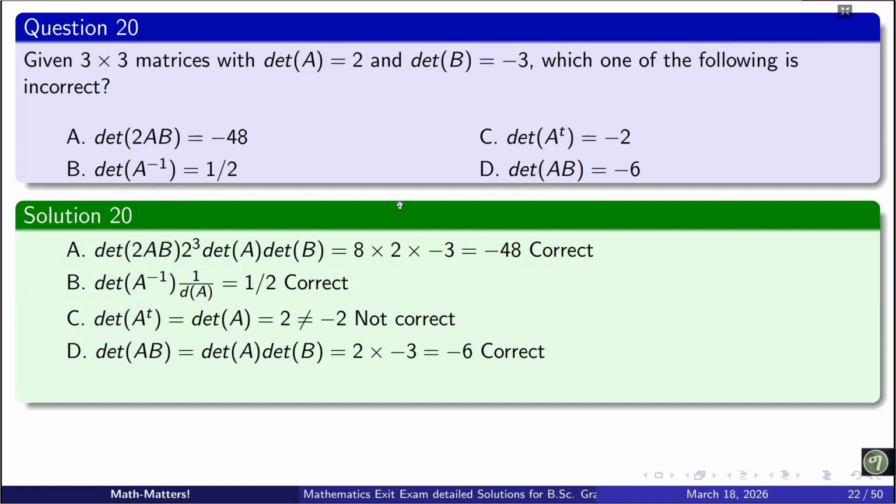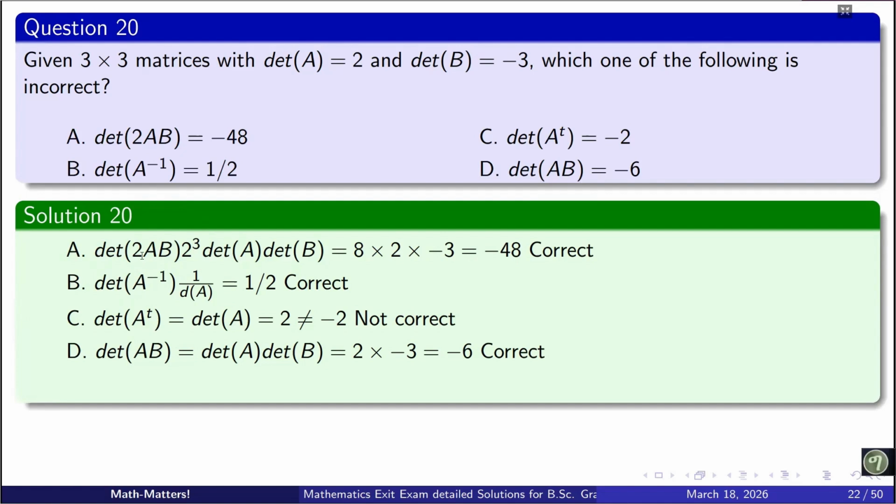For example, the first one, the determinant of twice of AB, sorry, there must be equality here. The determinant of twice of AB is equal to 2 to the power of 3, whenever 3 is the order of the given matrix. That means whenever we multiply a matrix by a certain constant k, the determinant of the original matrix will be multiplied by k to the power of n, whenever n is the order of the given matrix.